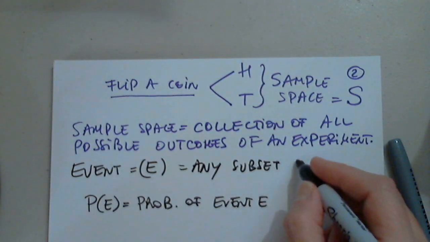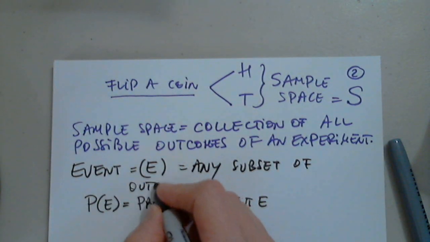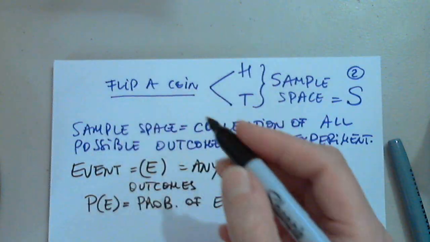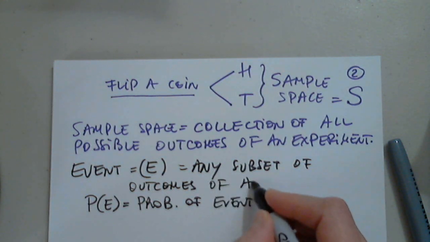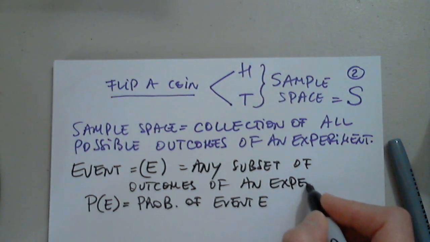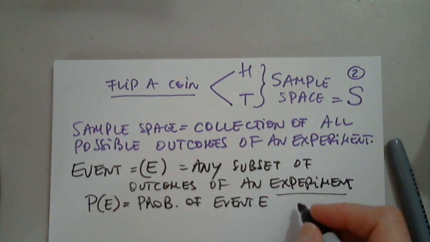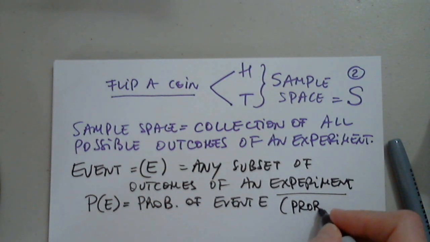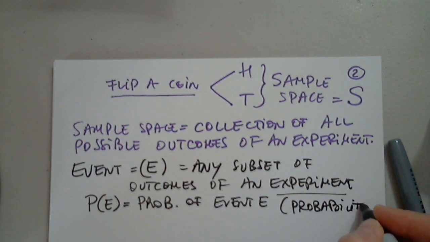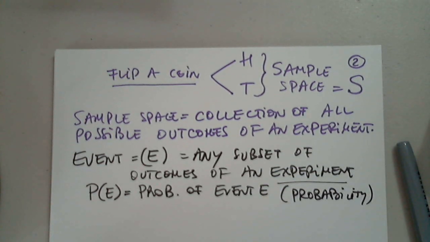So any subset of outcomes coming out of an experiment. When we talk about experiment, of course, we talk about the probability experiment, because there are millions of different types of experiments. But we're talking about probability, in which we're looking for a probability.